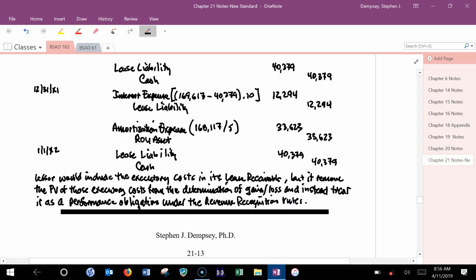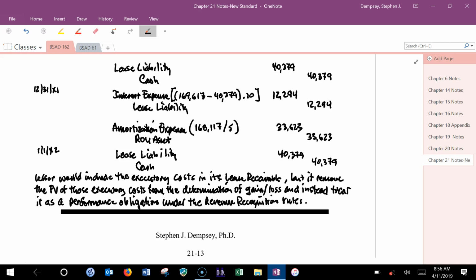Okay? So it's in your notes. Highly unlikely it's going to be, it's not even talked about in the standard. You have to know the revenue recognition rules. They say previous guidance or other guidance in the standards. But I just thought, because my mind took me here, what would the lessor do? And they couldn't include those as part of the gain or loss because they're not a recovery of the asset value itself.